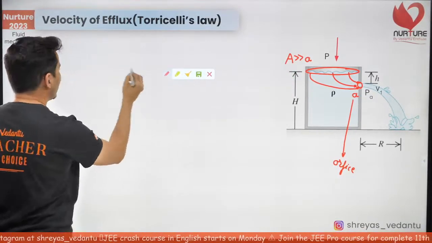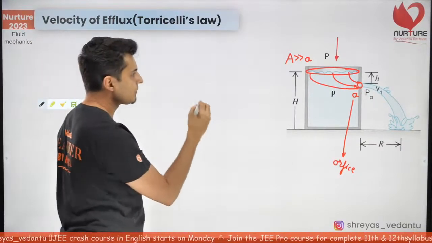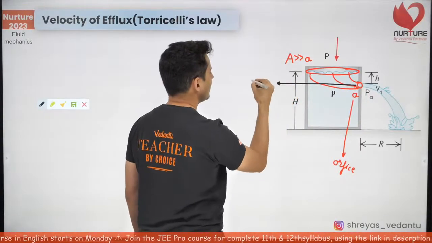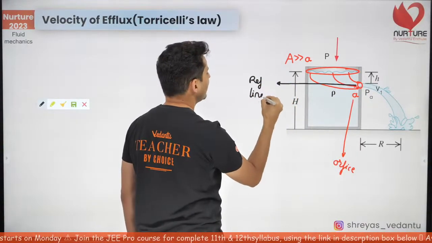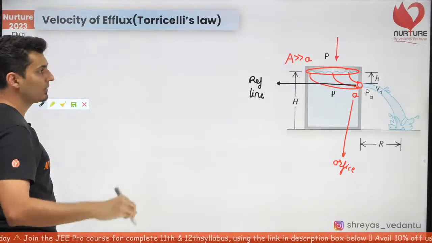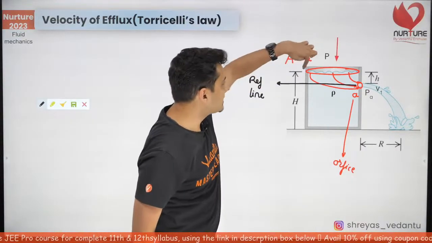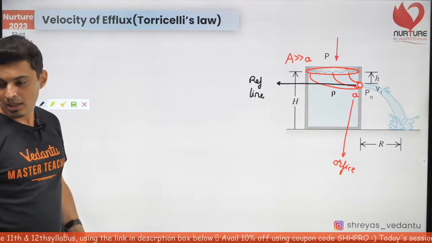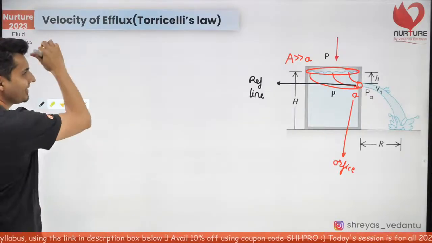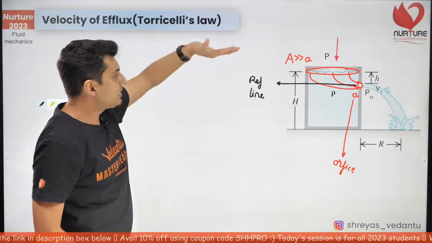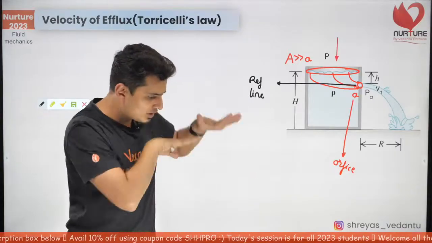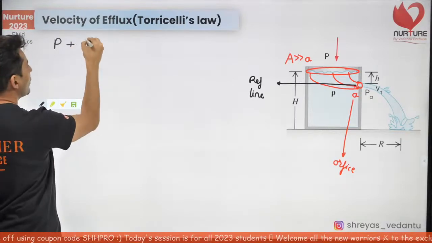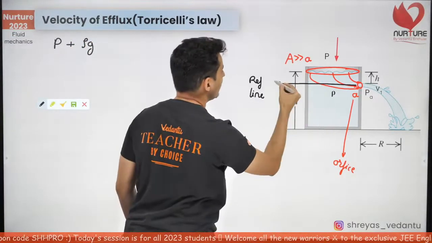Now, if I apply Bernoulli's principle, here is what I will do. I will take this as my reference line, and then according to that, we will write down the Bernoulli's equation for this cross section and for the narrow cross section. Everybody with me? Okay. Now, here it is. First, pressure. Imagine somebody is applying some pressure from the top. Somebody is pushing that liquid with P. So it will be just P plus rho g height from the reference line.